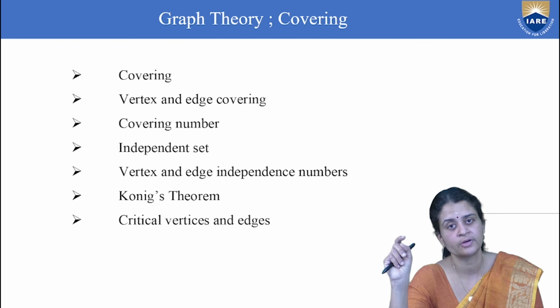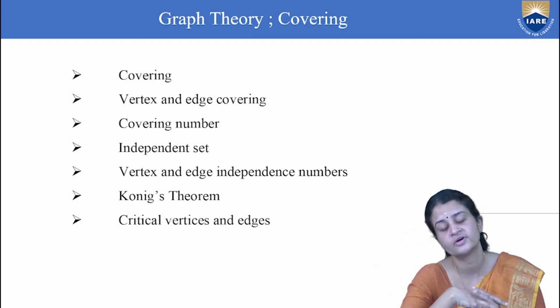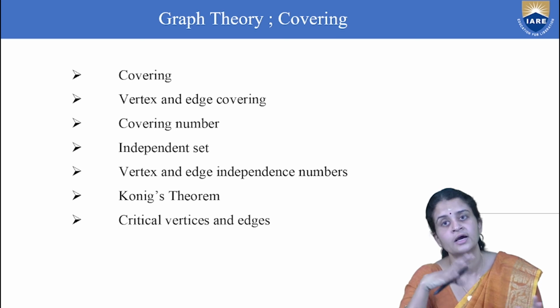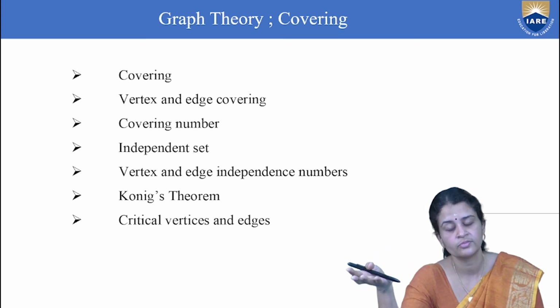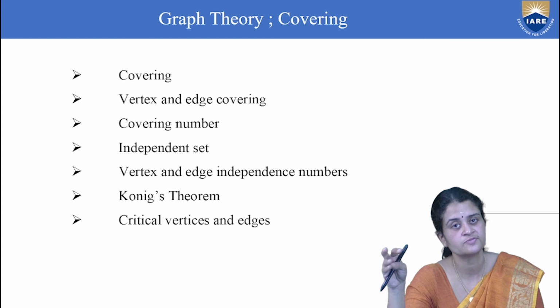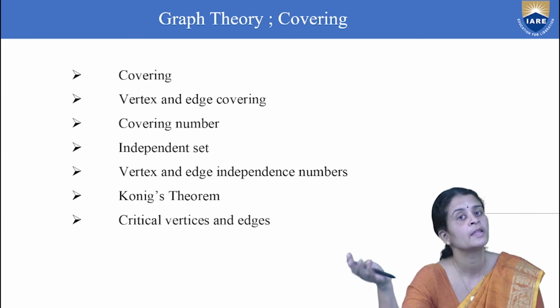And what is the covering number? It is the minimum number of vertices or edges required to cover the graph. An independent set is a set of edges which are non-adjacent, and a set of vertices which are non-adjacent is also an independent set.